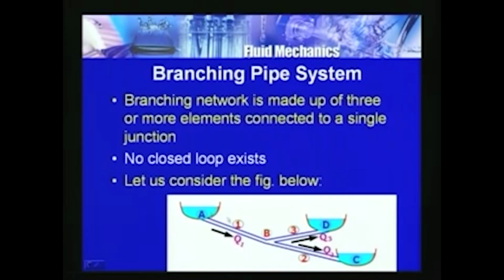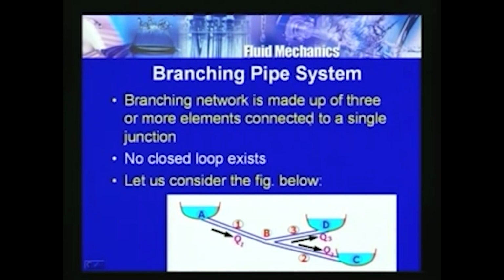For example, if you consider a system like this, we have 3 reservoirs, reservoir A, reservoir C and reservoir D, and we connect these 3 using 3 pipelines: pipe 1, pipe 2 and pipe 3. There will be a junction at B. We will first discuss how we can solve such a problem where branching of pipes takes place.